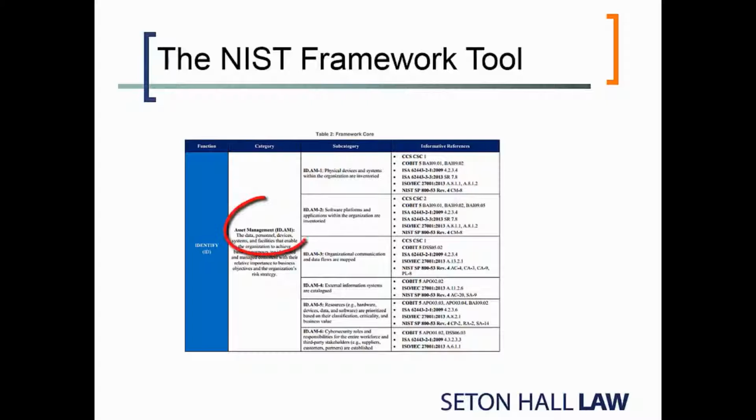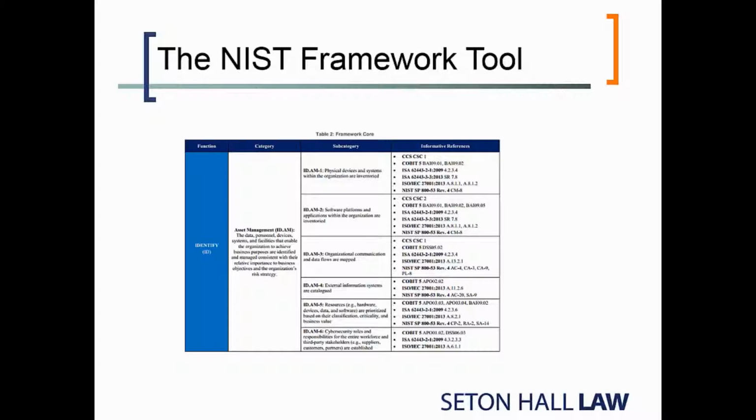One particular category of managing certain assets, 6 particular subcategories there, and on the right you can see all of the different standards that are listed as potentially being relevant and providing information about processes to secure these. So for example, one of the functions is to identify potential risks. The category here is asset management. What kind of devices, what kind of systems do you actually have?